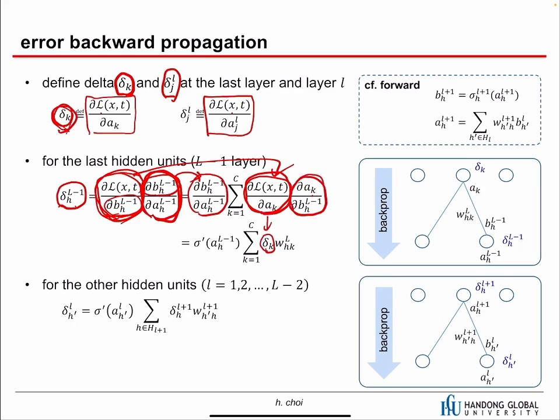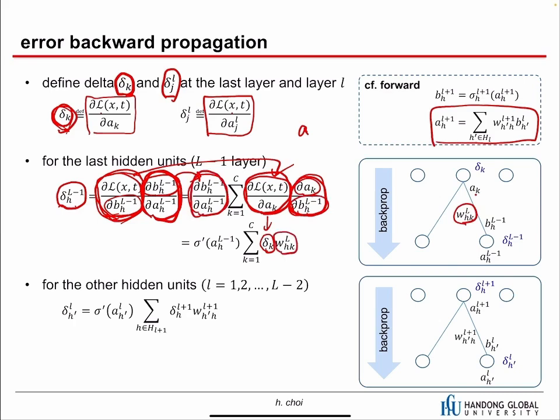And look at this one. We take the derivative of a sub k with respect to b sub h. A sub k is here. A sub k is the summation of the weights times b sub h. If we take a derivative of this term with respect to this one, then only this term will survive.